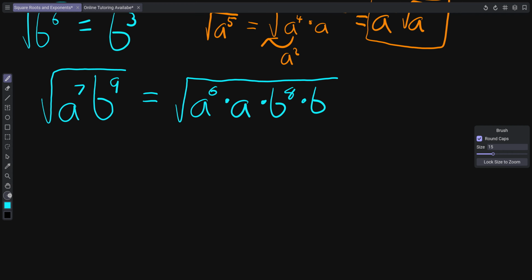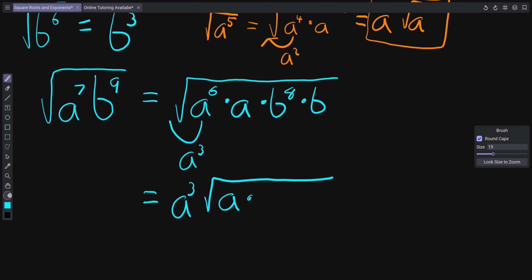And well, we move them out of the radical, but I'll do it one at a time just so that we don't get confused. So a to the 6th is going to become a to the 3rd. Let me write it down here. So we have a to the 3rd here. We leave a in the radical, and we still have b to the 8th and b.